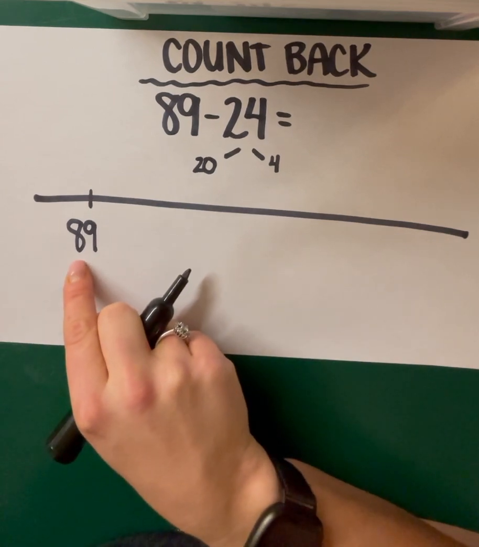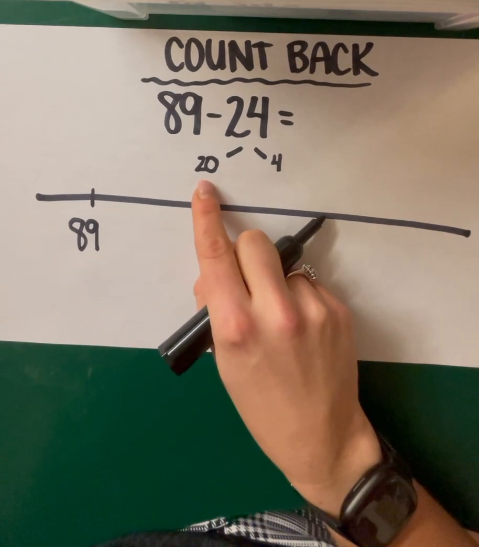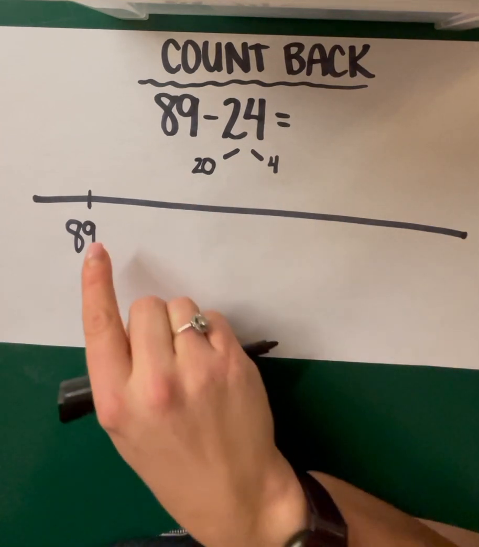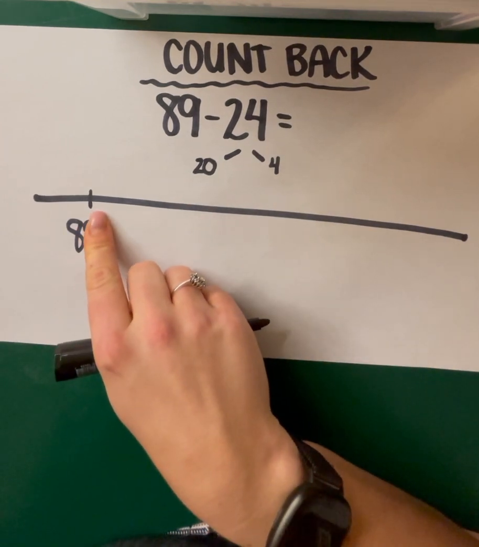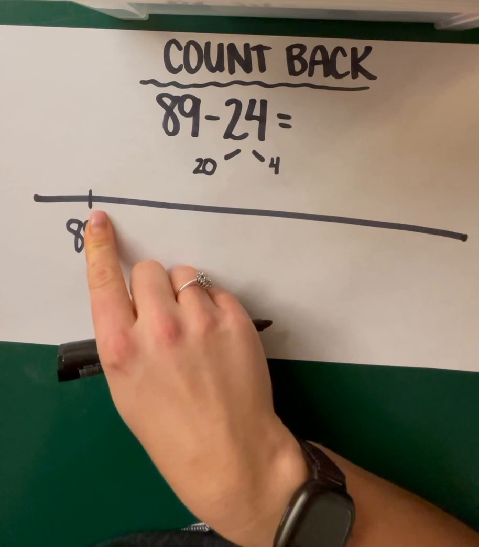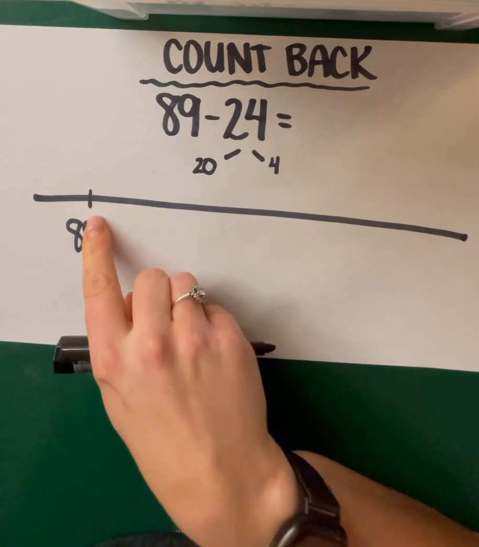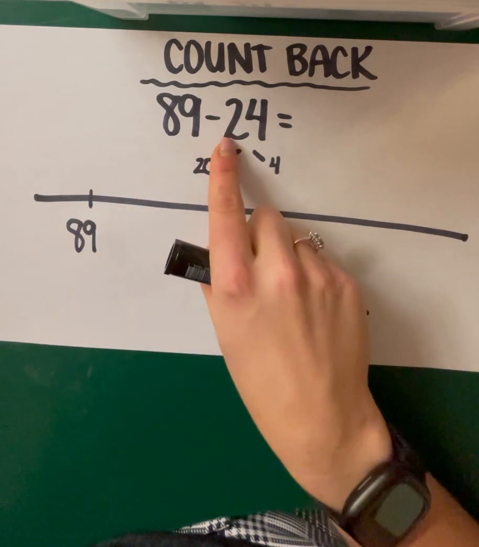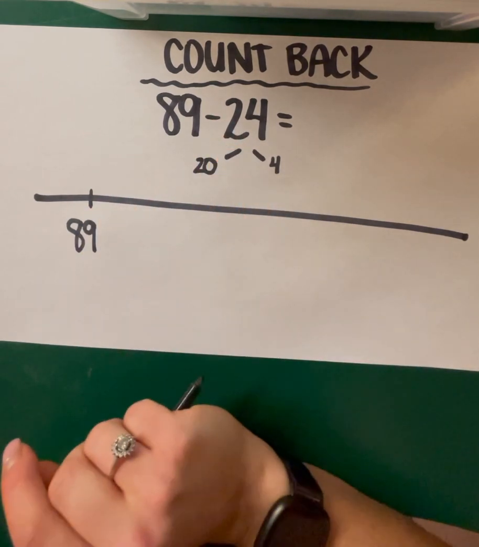So 89. I love that we're able to work with a really friendly number of 20, so I can ignore this 9 temporarily. I know that 89 is made up of 8 tens, and I am taking away 2 of those tens.